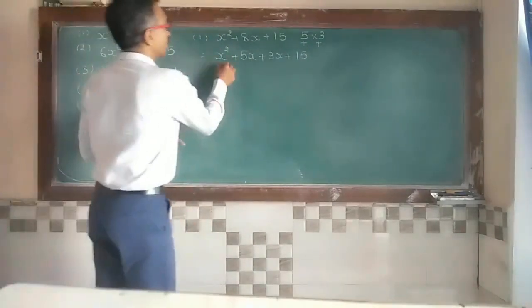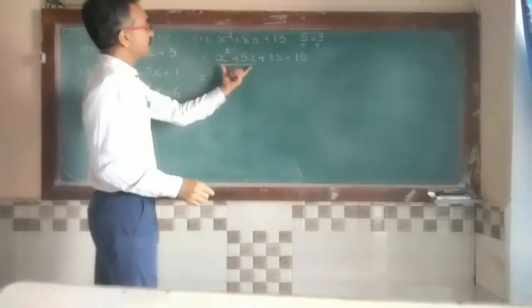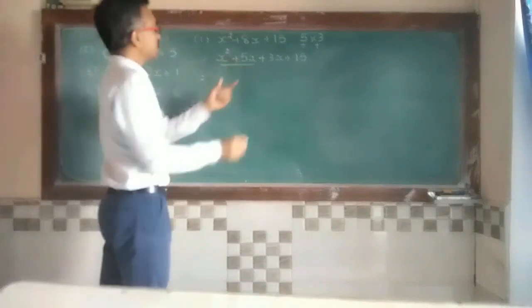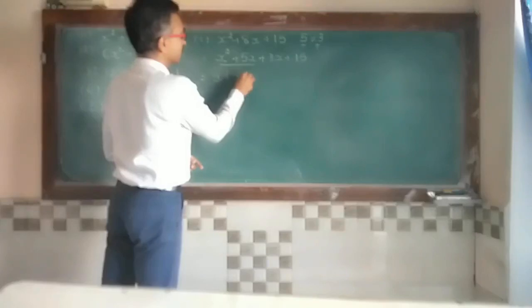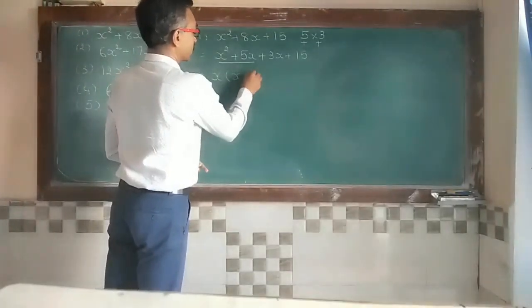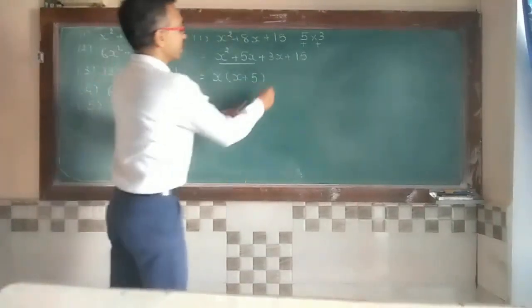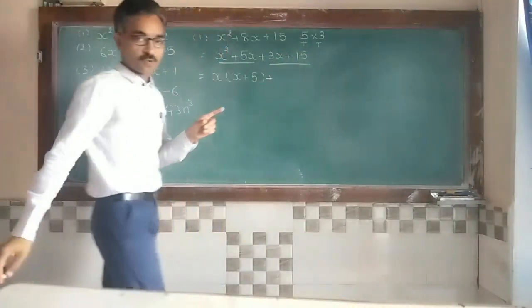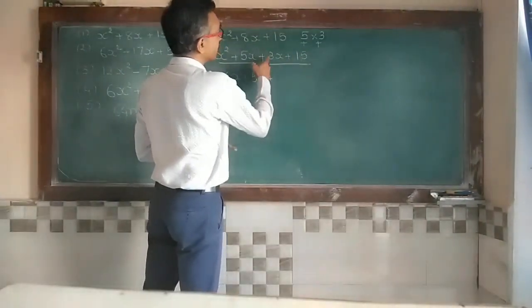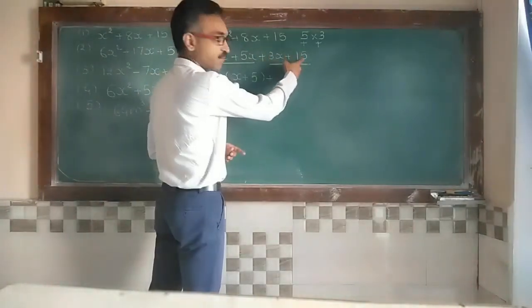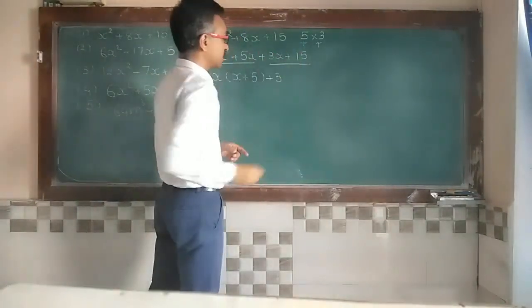Okay. Now take common out from the first two terms. Here x is common. Remaining is x + 5. Plus, take common out from the remaining two terms. Here 3x and here 15, 3 follows the 15, so common out is 3.